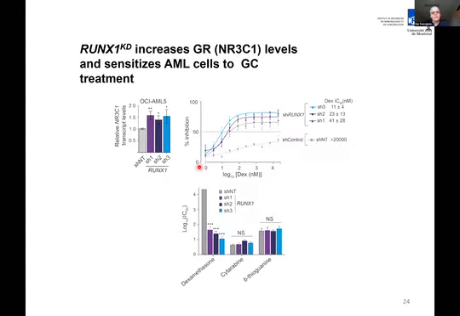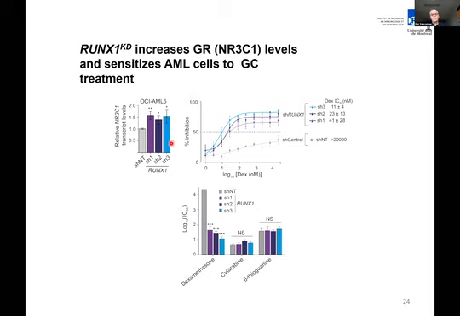Now, there's another interesting fact, which I guess you could guess from what was shown before, is that if you knock down RUNX1, you have a tendency to increase the expression level of the glucocorticoid receptor NR3C1 as shown here.